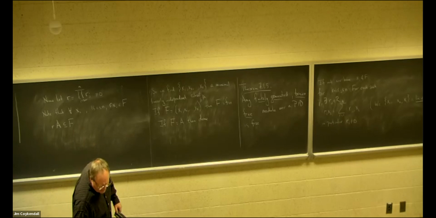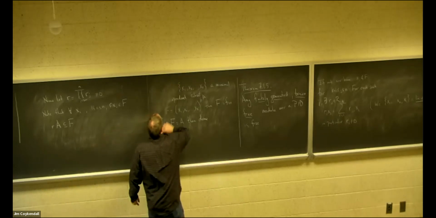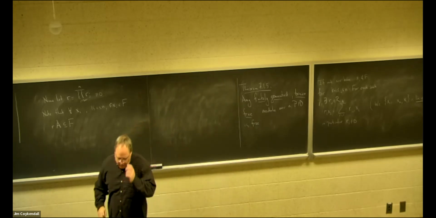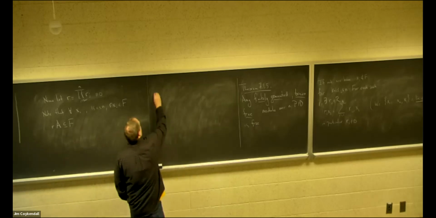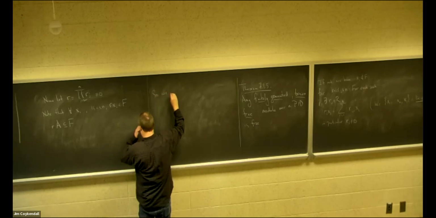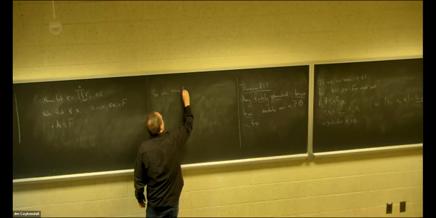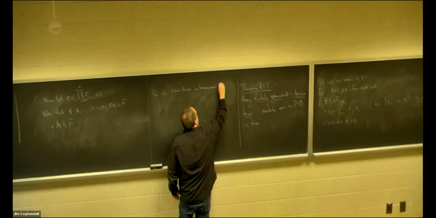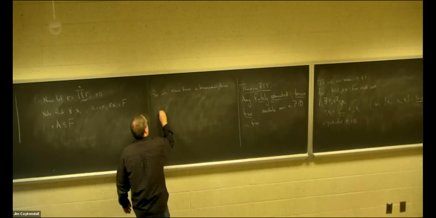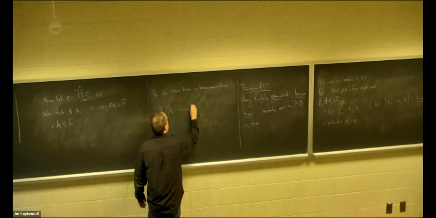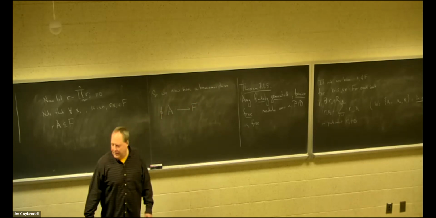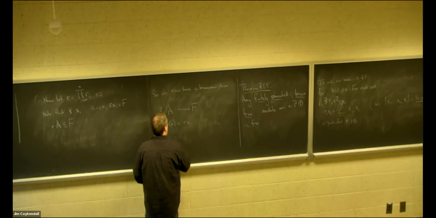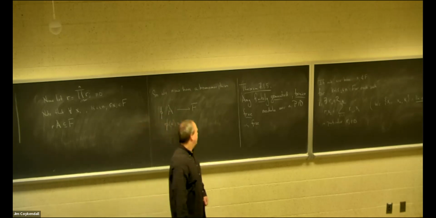So now we've totally got it. This gives us a homomorphism, I will call it phi, from A to F, given by phi of a is r a.